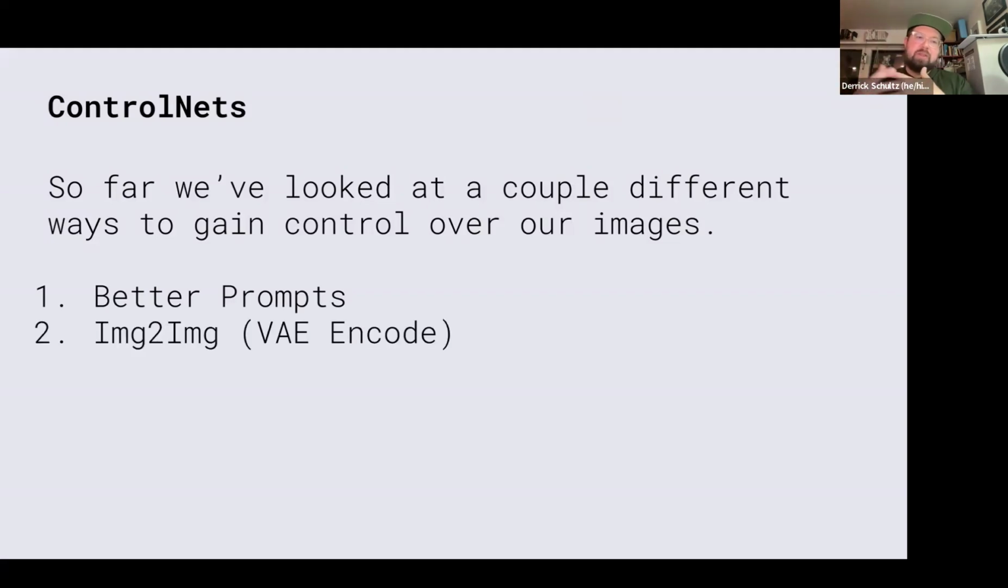And then in week 2 as well, we started to look at image to image, right? When we feed an image into our model using the VAE encode node, that allows us to set some denoising values and determine how much of this image we should keep in the output image. And then last week we looked a lot more at LoRAs and IP adapters, right?